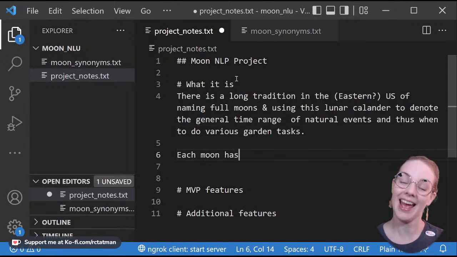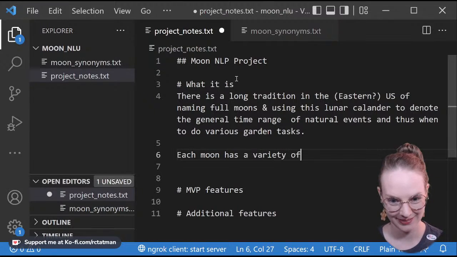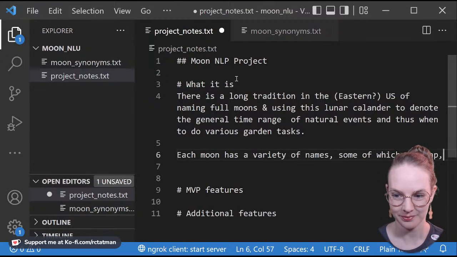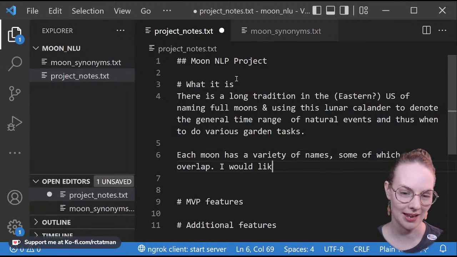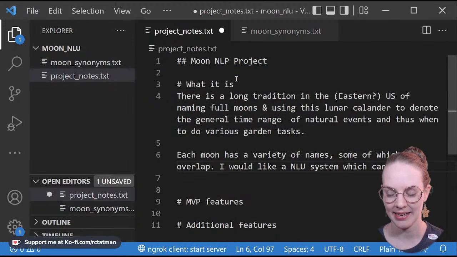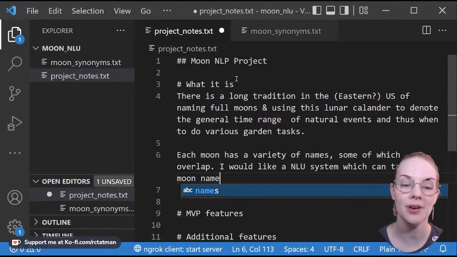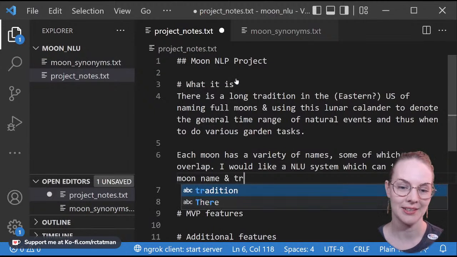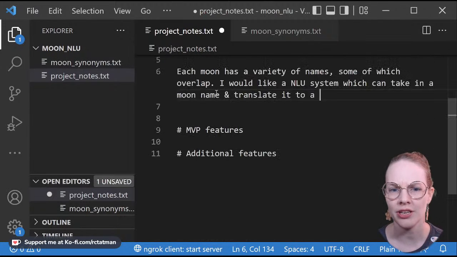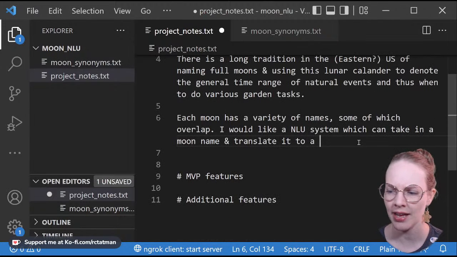Each moon has a variety of names, some of which overlap. I would like an NLU system which can take in a moon name and translate it to a... Do we use the Julian or the Gregorian calendar? Anyone know off the top of their head?